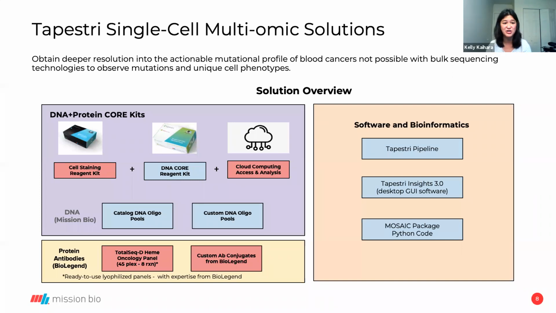In addition, in conjunction with BioLegend, we offer a 45-plex for the hematology space, as well as custom antibodies that you can get through Mission Bio and BioLegend.